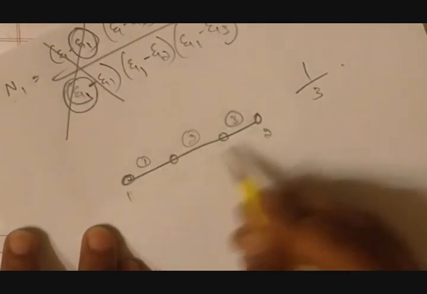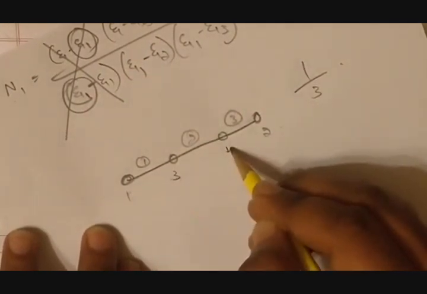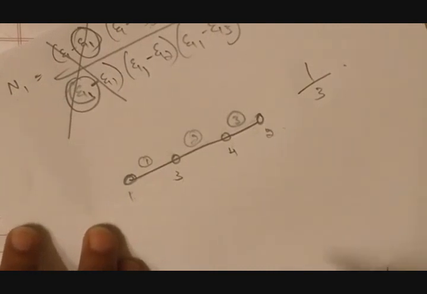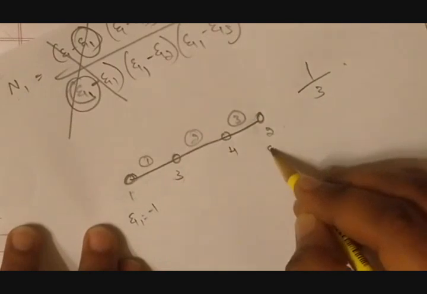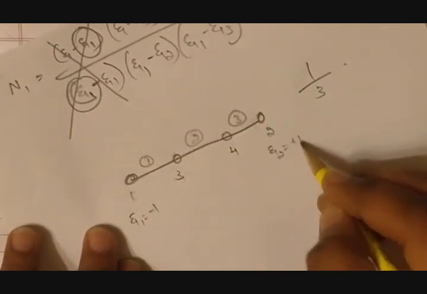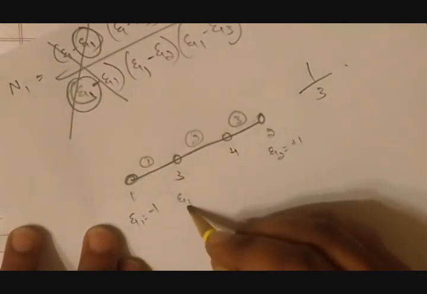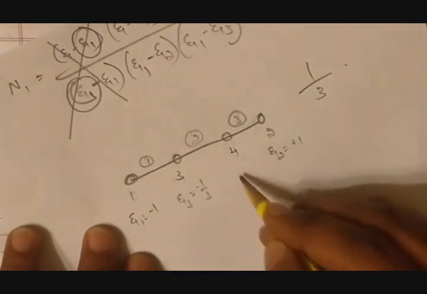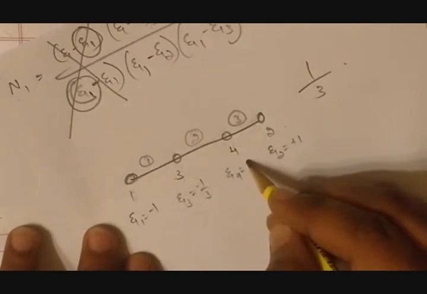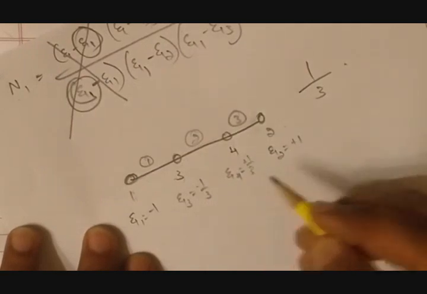So once I divide it into three parts, I'll get four nodes, 1, 2, 3, 4. Okay, so that's why here zeta 1 is equals to -1, zeta 2 is equals to +1, and zeta 3 is equals to, so this is -1, so it is -1/3. 0 will be somewhere here, and zeta 4 is equals to +1/3.